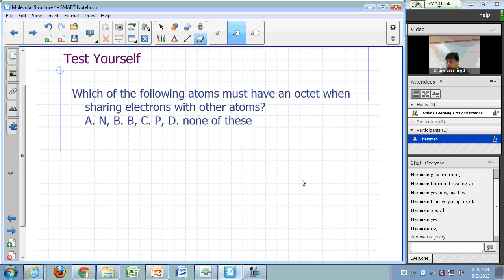So what's the answer? Which of these must have an octet? None.